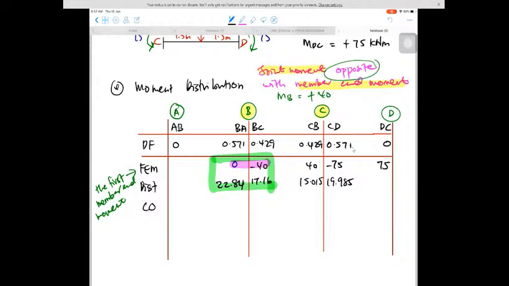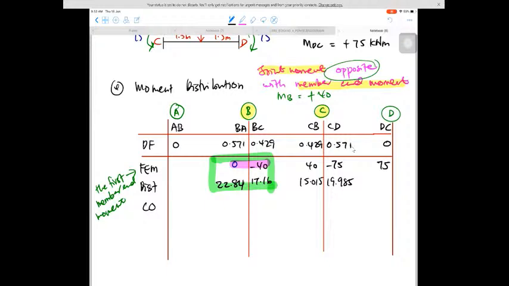Positive 40 times 0.571, we get 22.84, and positive 40 times 0.429 is equal to 17.16.